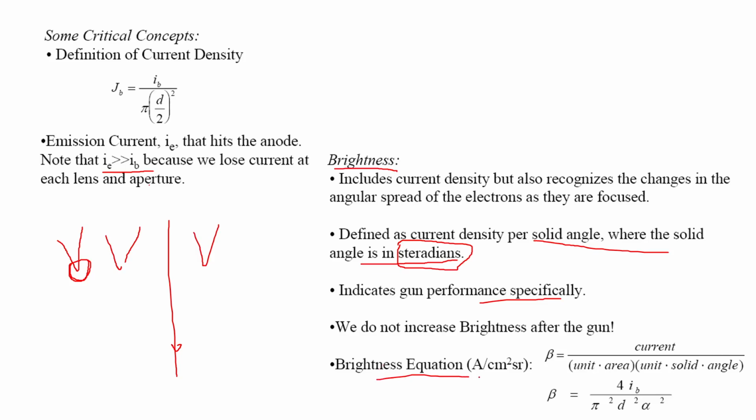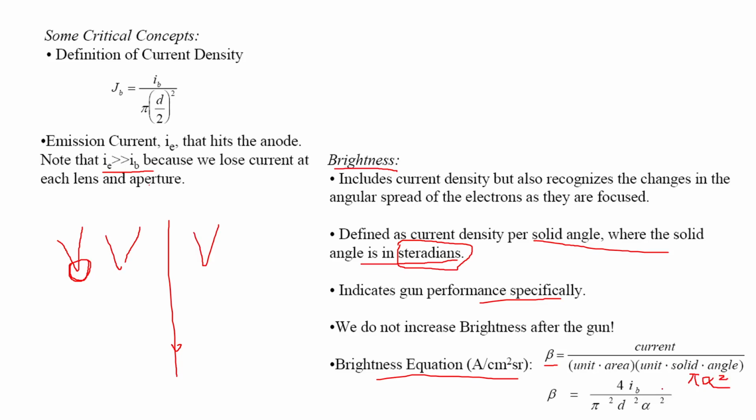This brightness is given by the symbol beta, where beta is current per unit area per unit solid angle. The current density was given by IB divided by pi (d/2) whole square. That (d/2) whole square gives pi d square by 4, and that 4 will go above. The solid angle is given by pi alpha square, and this angle is given in steradians.